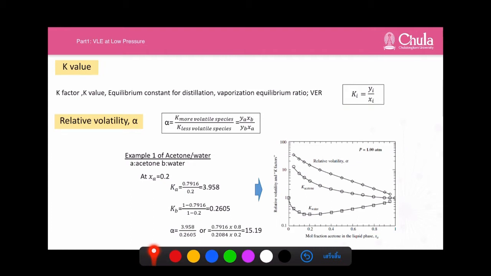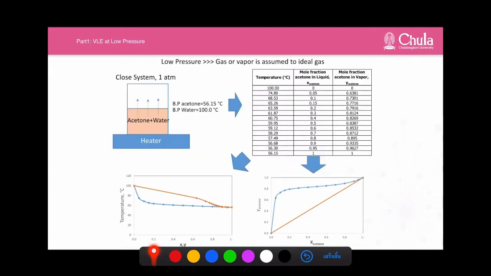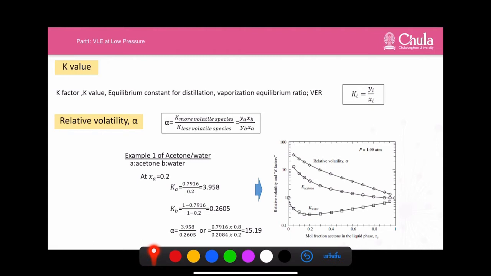For example, the previous data, we can calculate k. We can calculate k at each composition, okay, each point in the data.